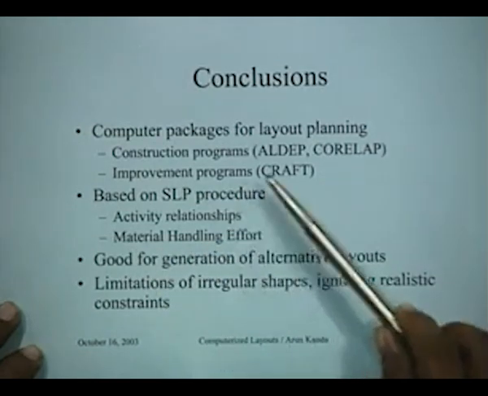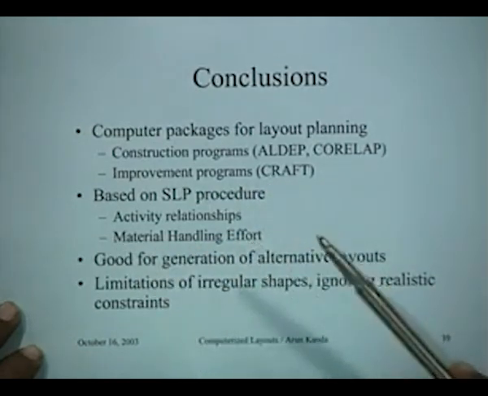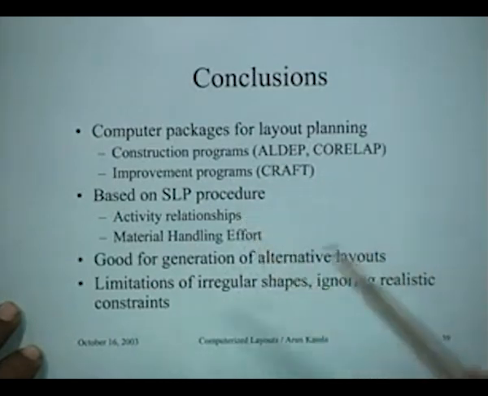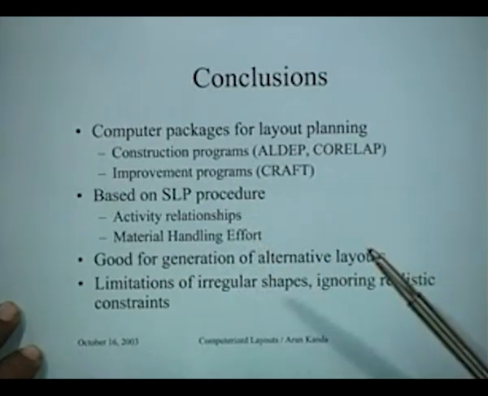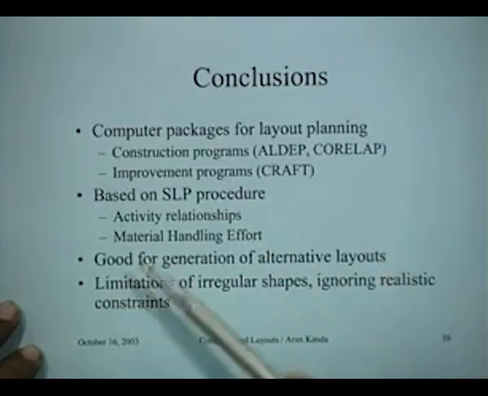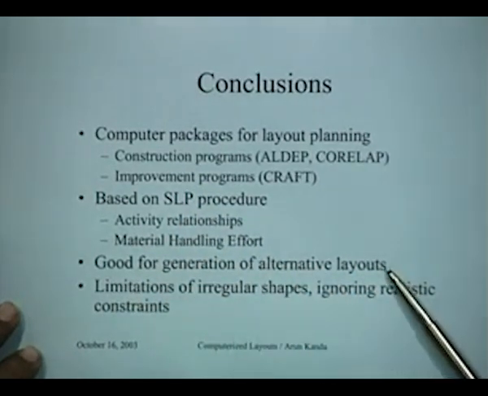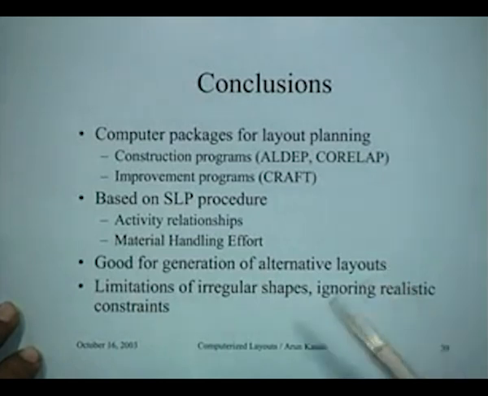So for instance, in Craft, material handling effort was taken as the objective function. In LDEP and CoreLab, the activity relationships determined the objective function. All these procedures are generally good for generation of alternative layouts, but they all have limitations, and the limitations are in terms of irregular shapes or ignoring any realistic real life constraints.